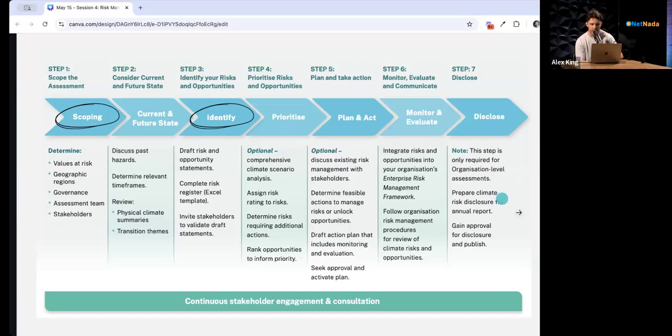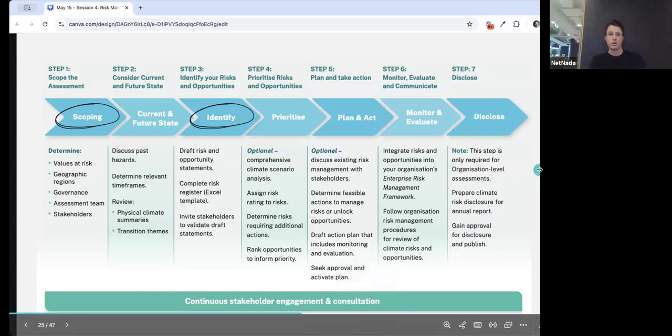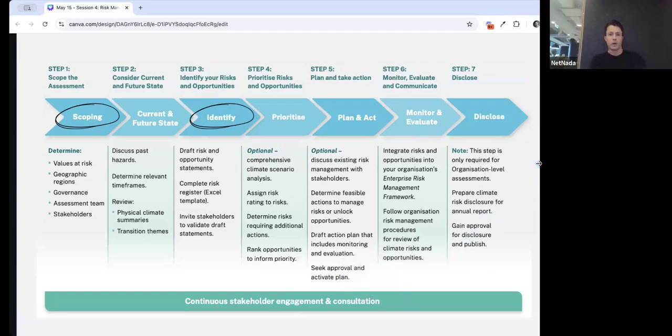Great. Back to the steps we have here, Lockie, around starting with scoping the assessment. It's quite clear, this slide, and you can read through it, and it probably speaks better than I can. But at the end of the day, our risk matrices are essential when we're comparing climate risks to other business risks.